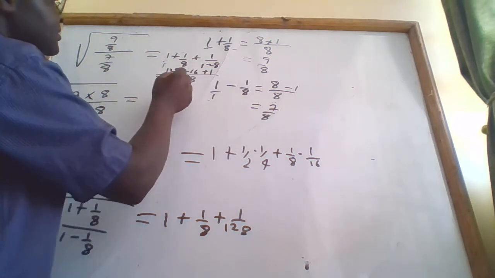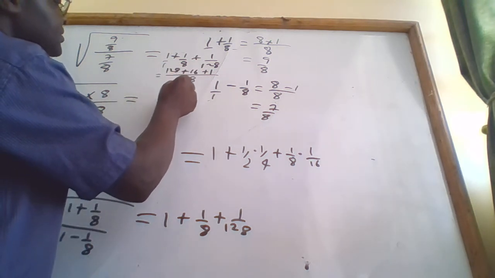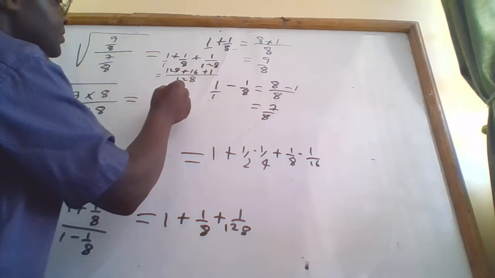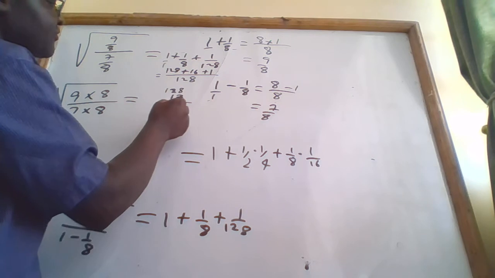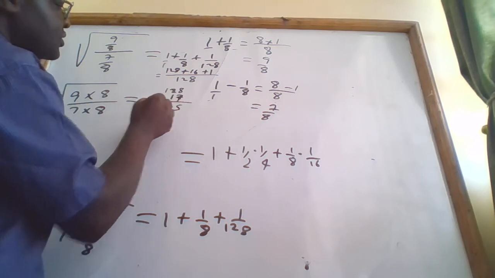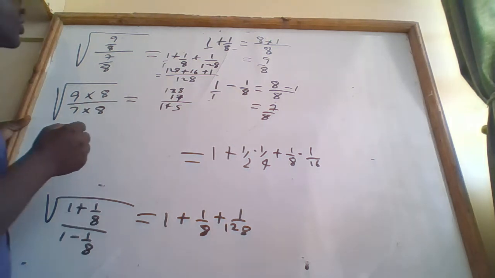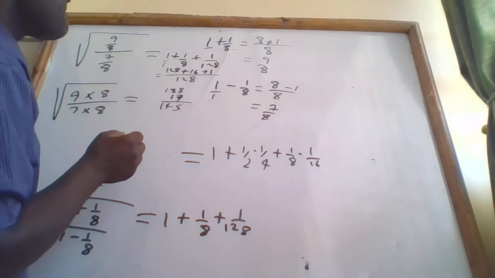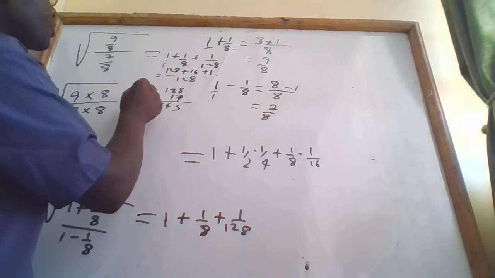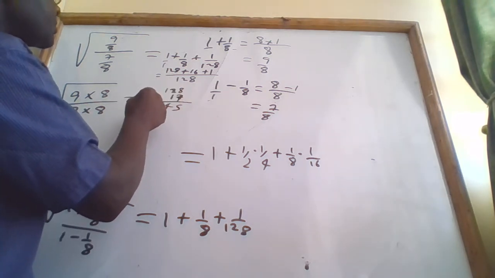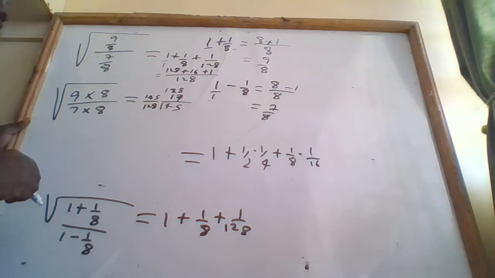So this is 128 plus 16 plus 1, which is 145. So this equals 145 over 128.